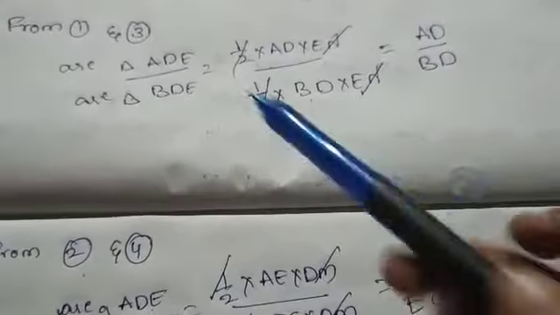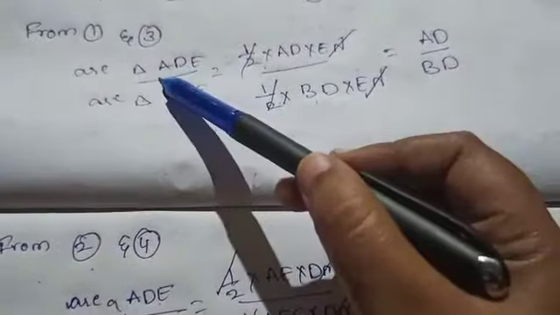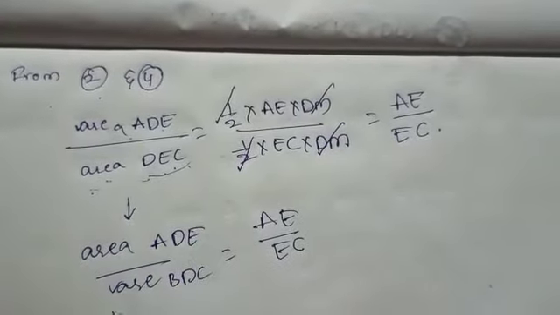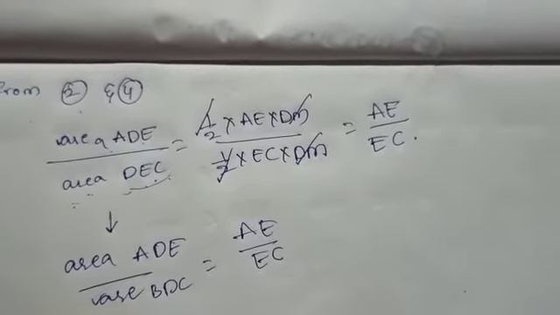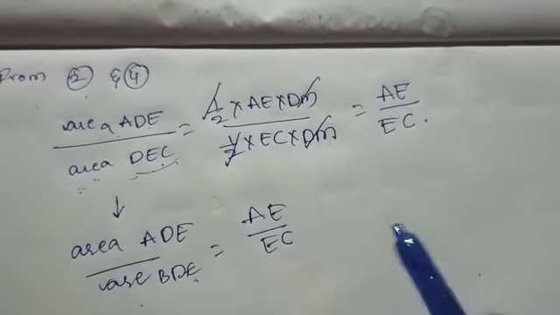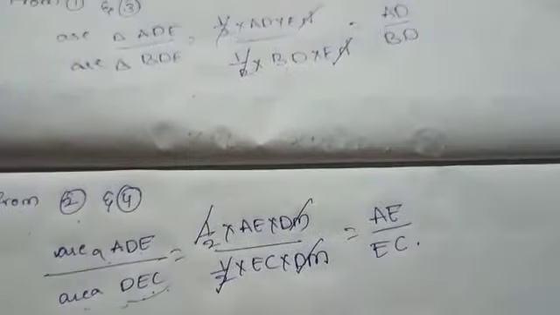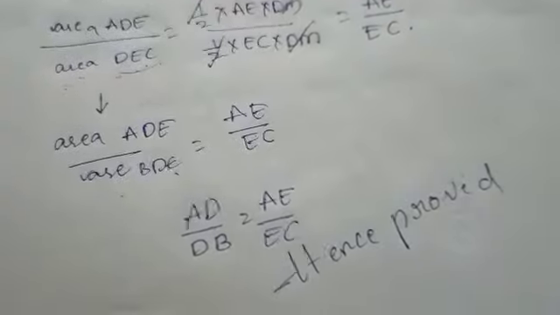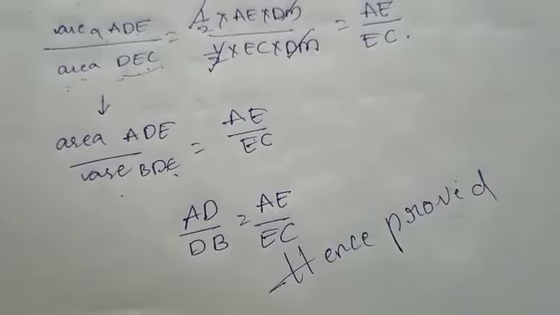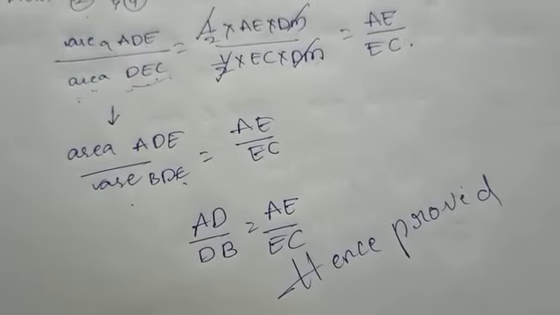See, left hand side, area of triangle ADE by area of triangle BDE, and area of triangle ADE by area of triangle BDE. Okay, so these two ratios are equal. Therefore, AD by BD equal to AE by EC. This is the Thales theorem.